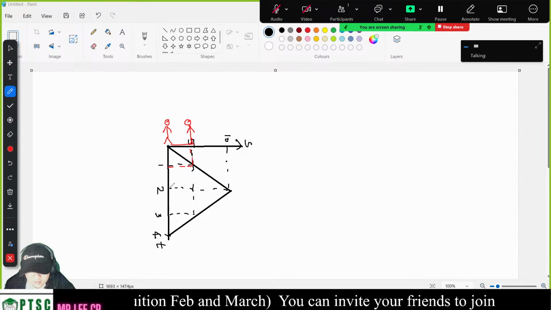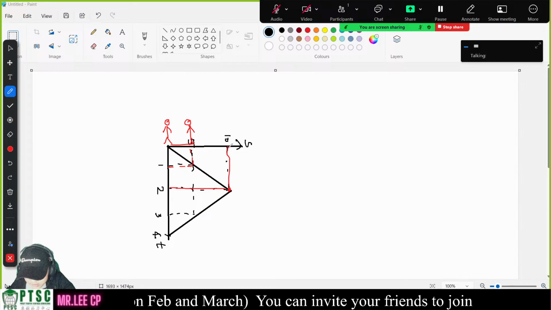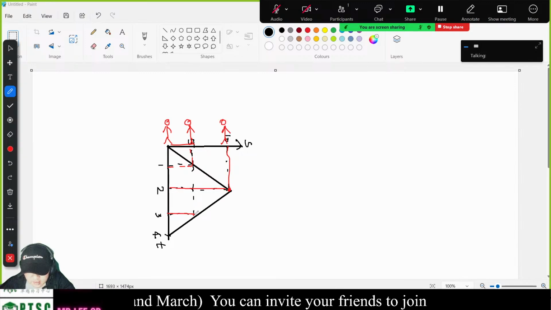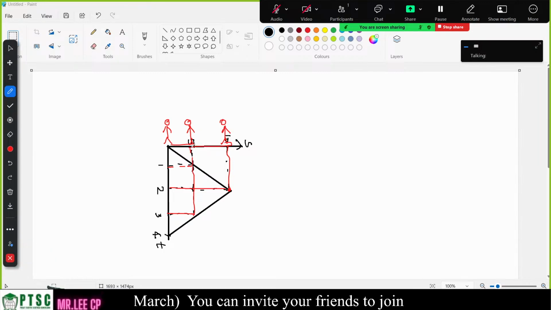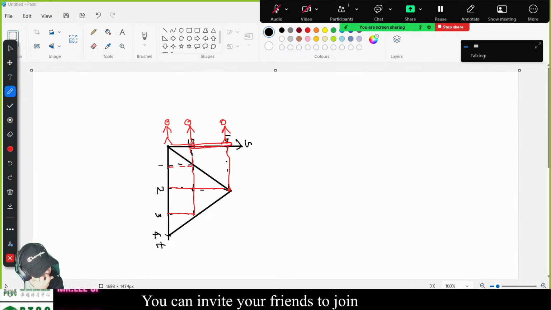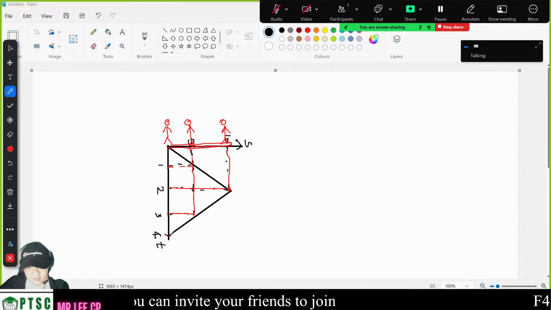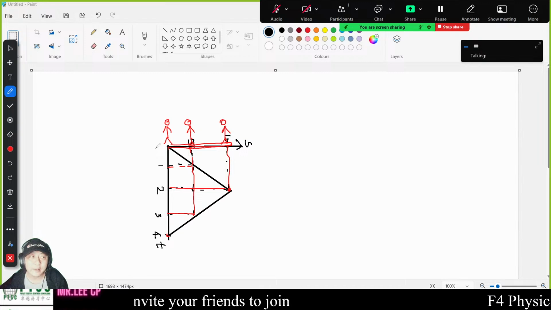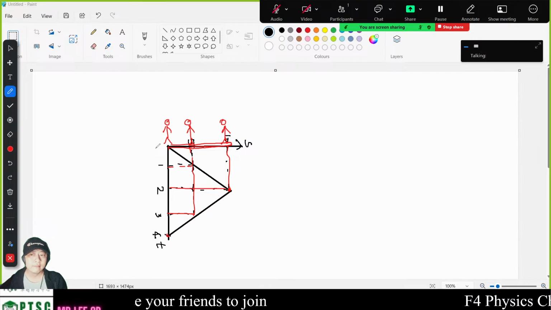Second I am here, 10 meter. And then third second, where am I? I'm here. So I move forward 10 meter already, I come back 5 meter. And then lastly, I'm here. So I can turn the graph and then see where I am.